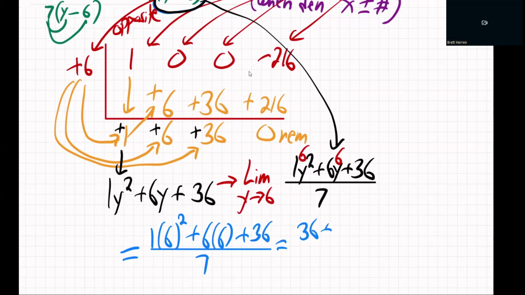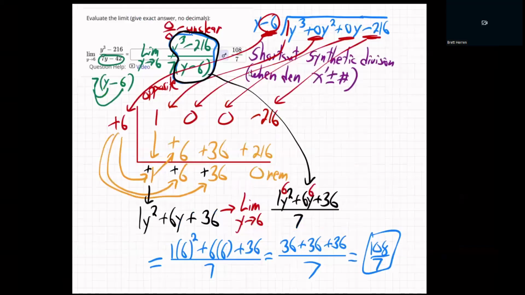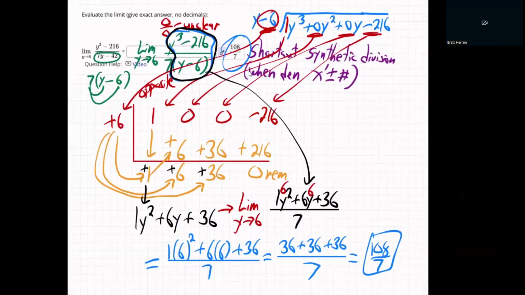That's 36, a lot of 36s, all over 7. And that is 108 over 7. Boom. There's our answer. There's what they got right there.